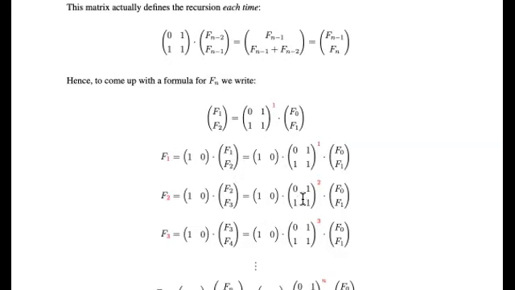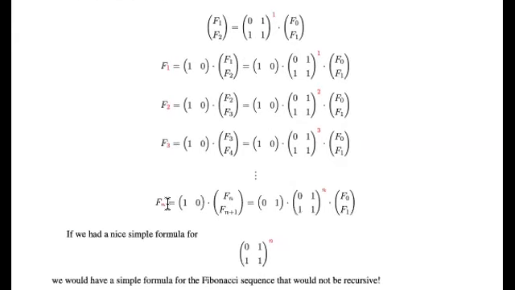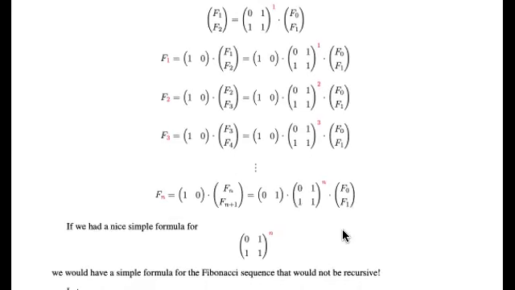Similarly for F2, we have a square, for F3 we have a 3, and so forth. In general, Fn will be this computation, 0, 1 times this matrix to the nth, where we began at F0, F1. Notice this n is here if we have a 0 here, F0, F1.